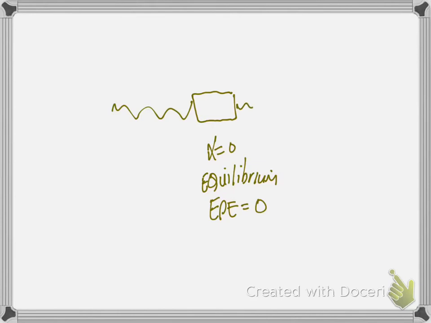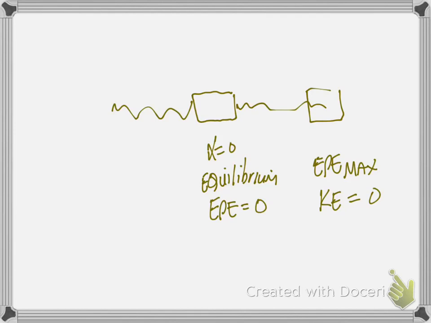When we go ahead and stretch that spring to its maximum, now EPE at this point is going to be maxed out. And since the velocity has come to a stop temporarily, its kinetic energy at this point is 0. The mass is then going to fly back toward the equilibrium.